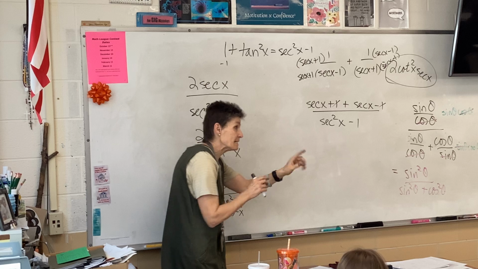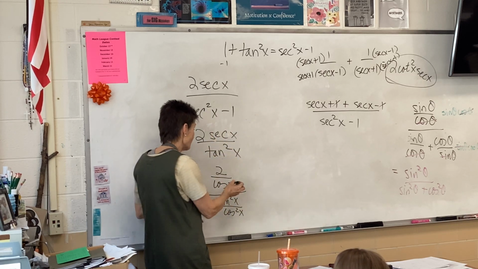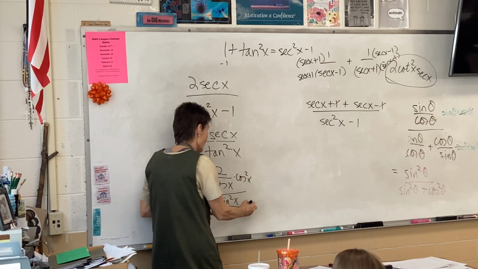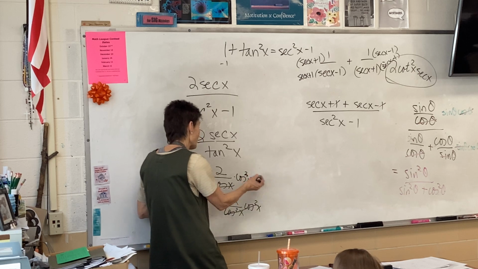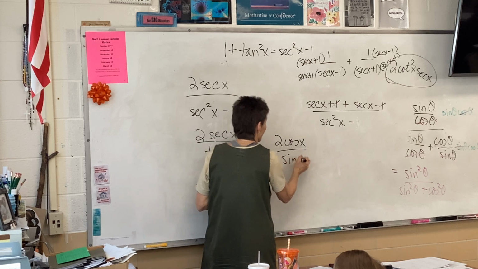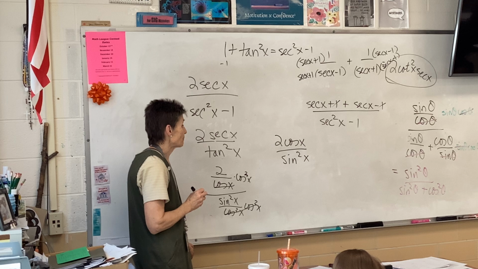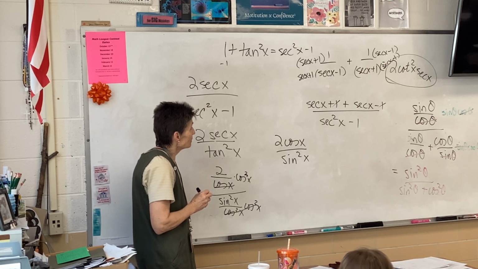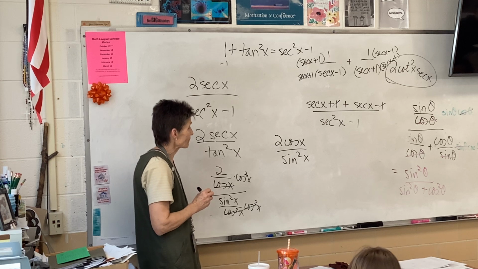So I can either flip, or I can multiply everything by cosine squared. Whatever way works for you, we're all gonna end up with 2 cosines over sine squared. That's what we're gonna end up with. 2 cosines over sine squared. So do you change that 2 cosine to 1?